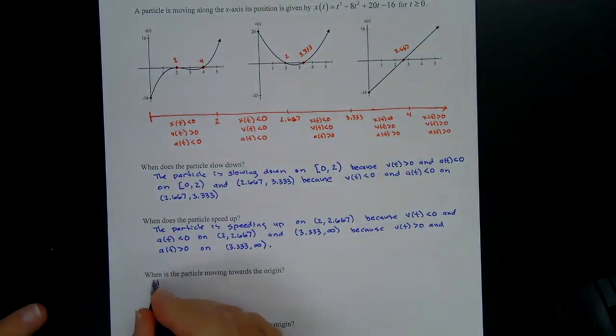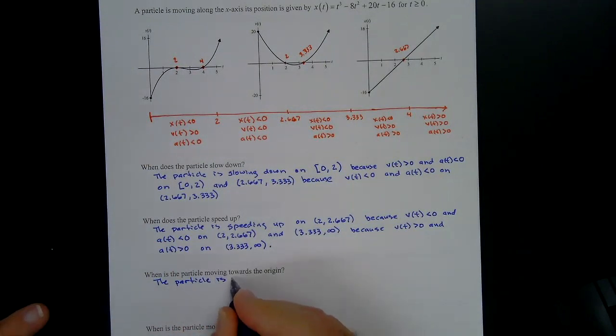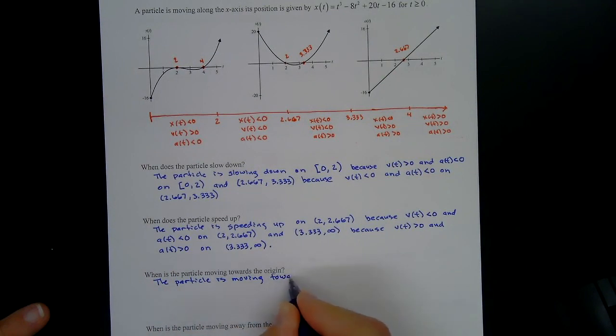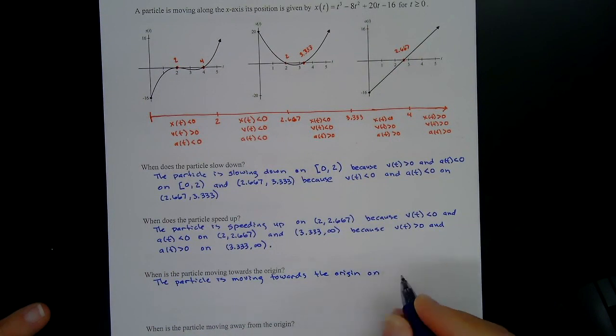So the particle is moving towards the origin on, okay, and we would include, well, it's the interval 0 to 2.